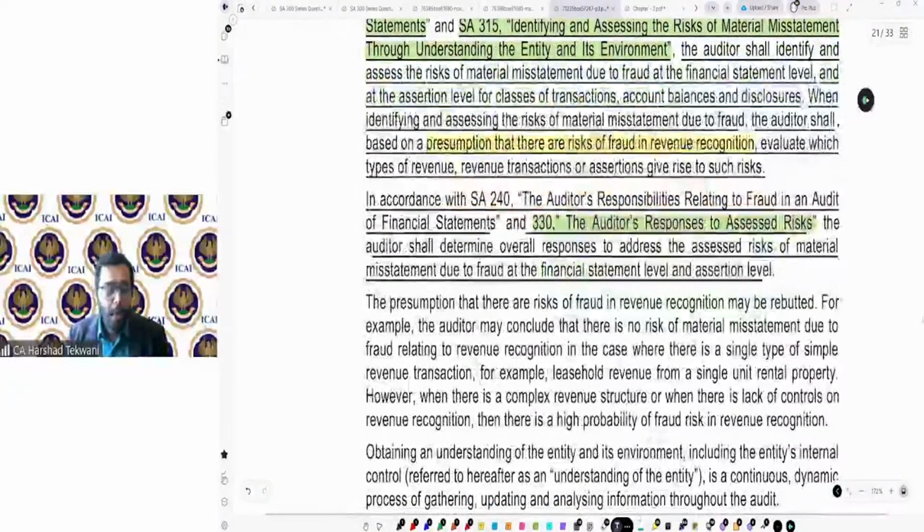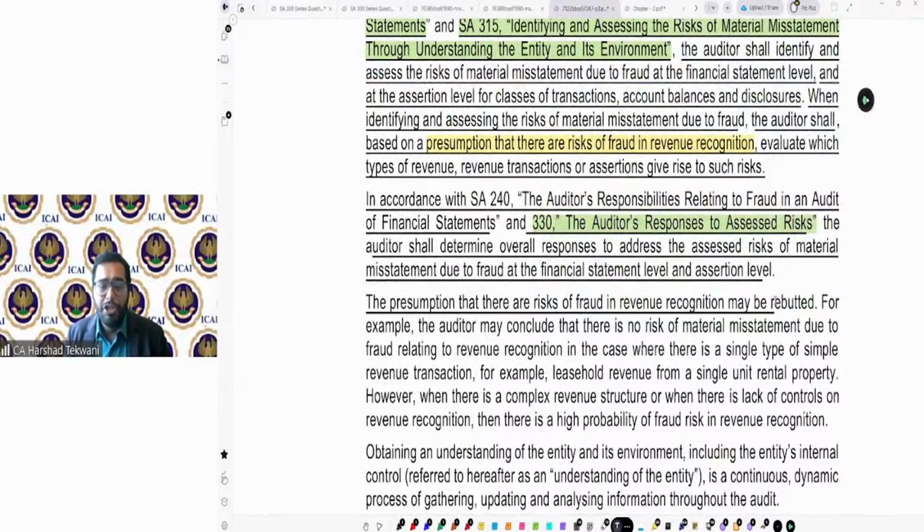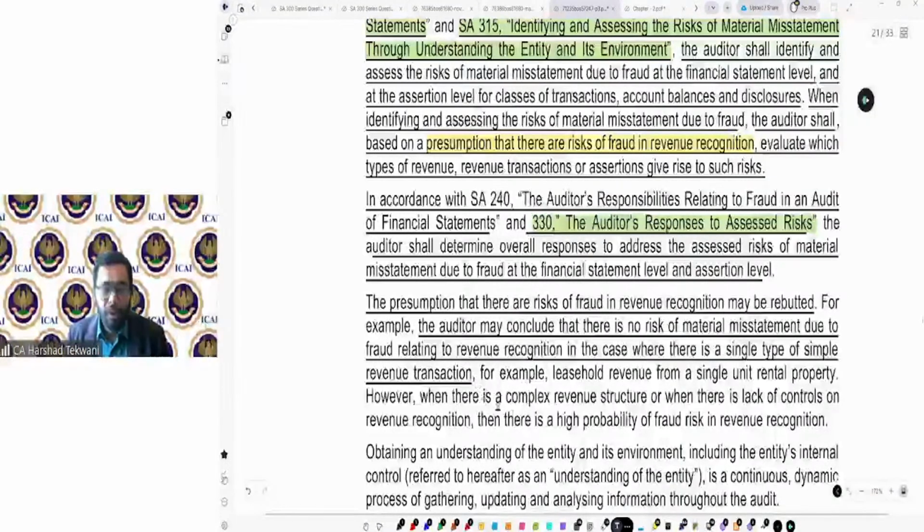Okay. The presumption that there is risk of fraud in revenue recognition may be rebutted. Means you can say that there is no risk of fraud in revenue recognition, but in order to conclude that there is no risk of material misstatement due to fraud relating to revenue recognition, in cases where there is a single or simple type of revenue transaction, you have to prove why there is no risk of fraud.